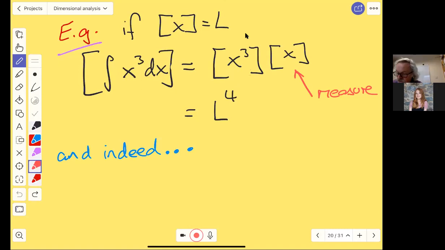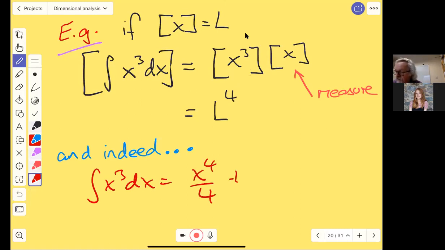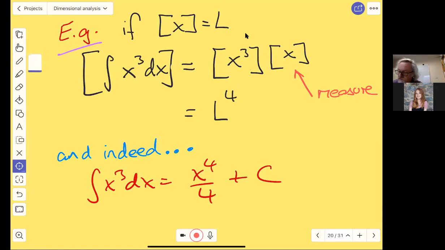And indeed, of course, you all know that the integral of x cubed with respect to x is x to the fourth over 4 plus some integration constant.